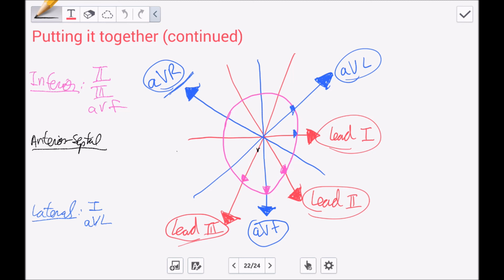V1, we over here. Okay, going to put V2 over here, V3, V4, V5, and V6. Okay, so I think let me just redraw that because it might be a little bit better. So what we're gonna do is we are going to pull out this part here, and we are going to put it like this. Okay, so this is the real way it was supposed to be. Imagine that this little thing is actually outside of the heart.